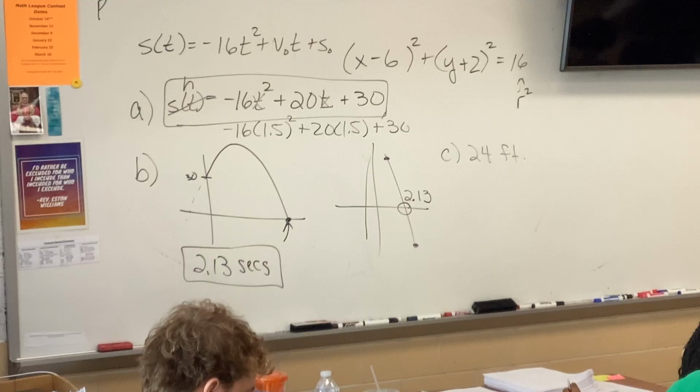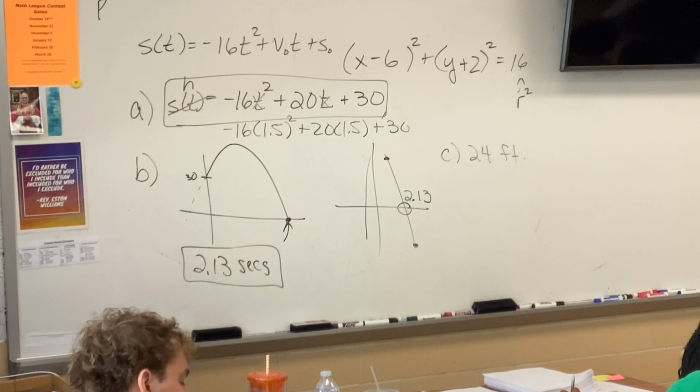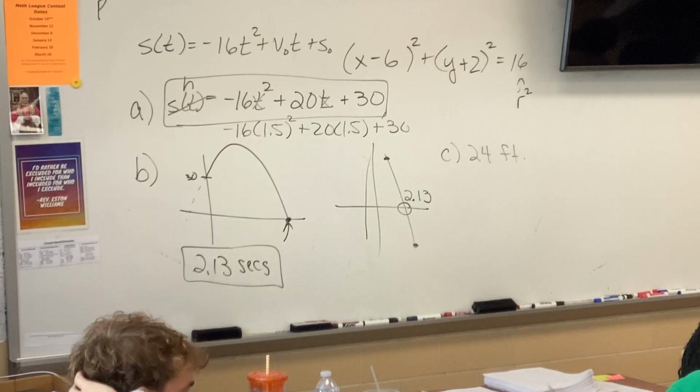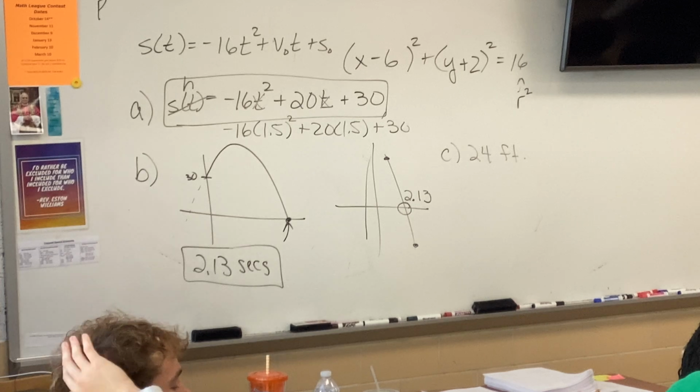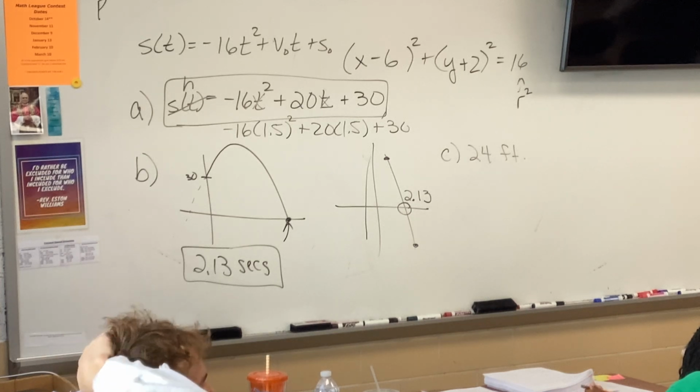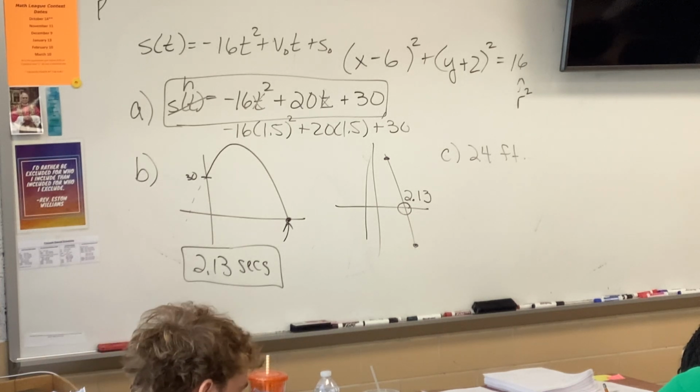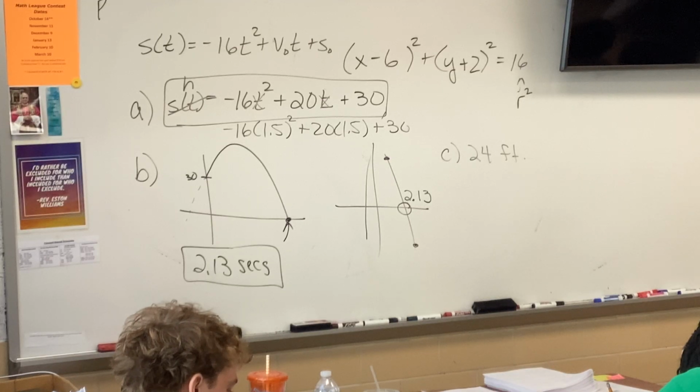Number 12. Inverse addition. It's the additive inverse. What happens when you add 6 and negative 6? Gone. They cancel out. That's inverse.